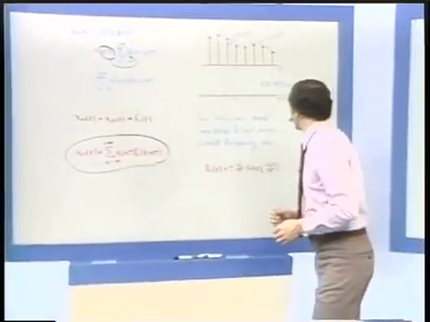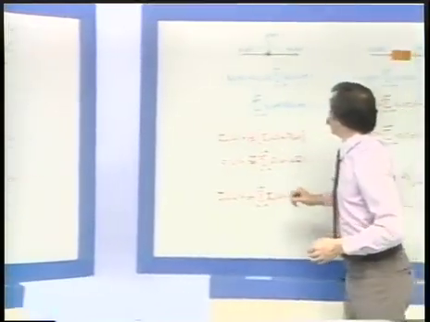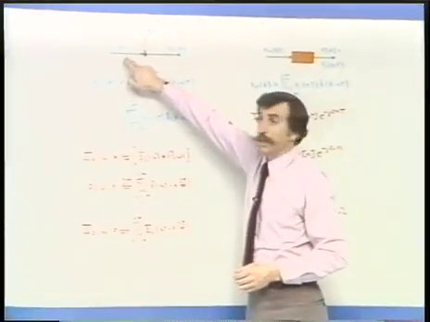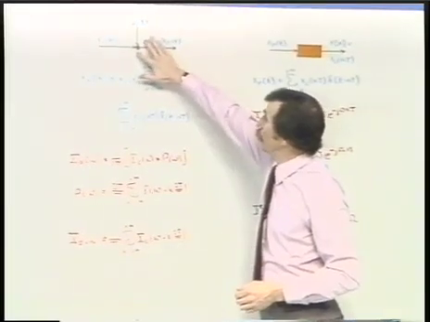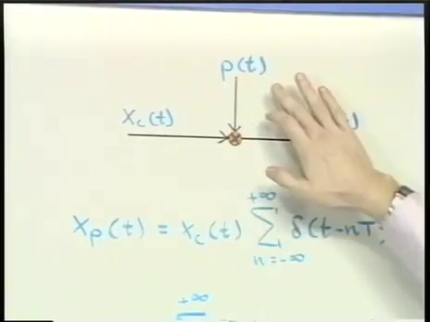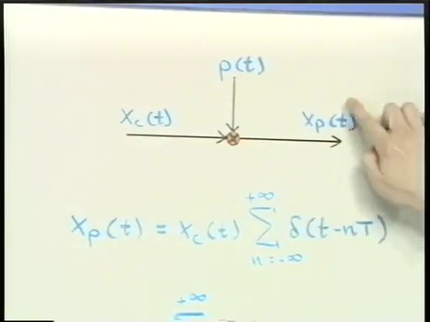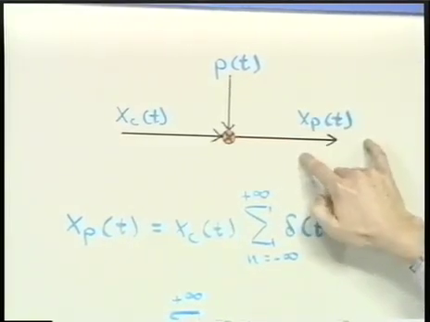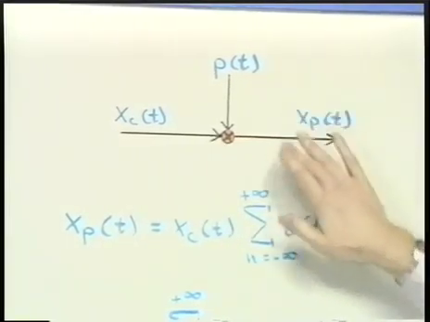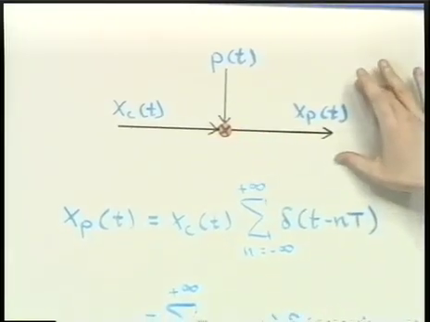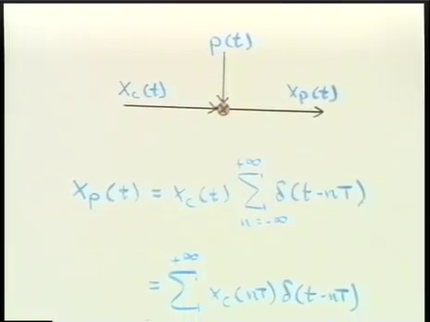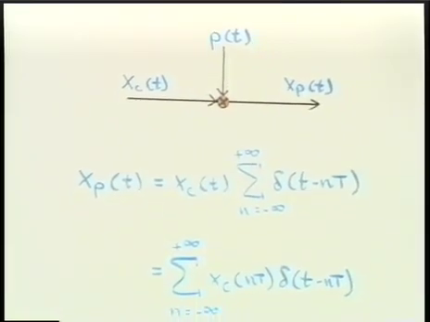And in particular, what we have is a process where the continuous time signal is, of course, modulated or multiplied by an impulse train. And that gives us then another continuous time signal. We're still in the continuous time domain. It gives us another continuous time signal, which is an impulse train. And in fact, we've gone through this analysis previously.